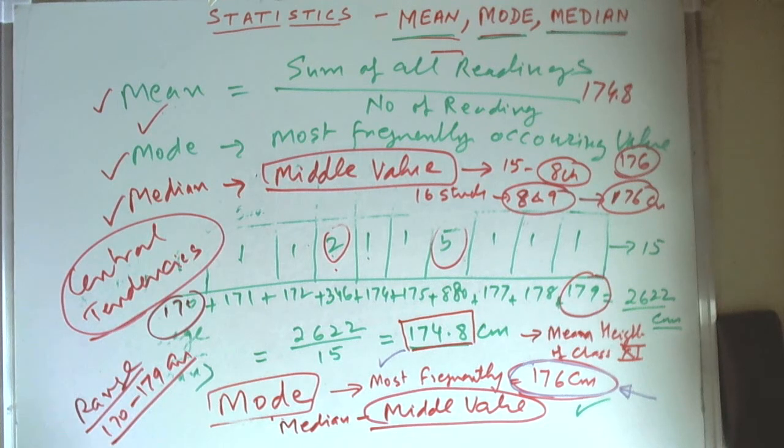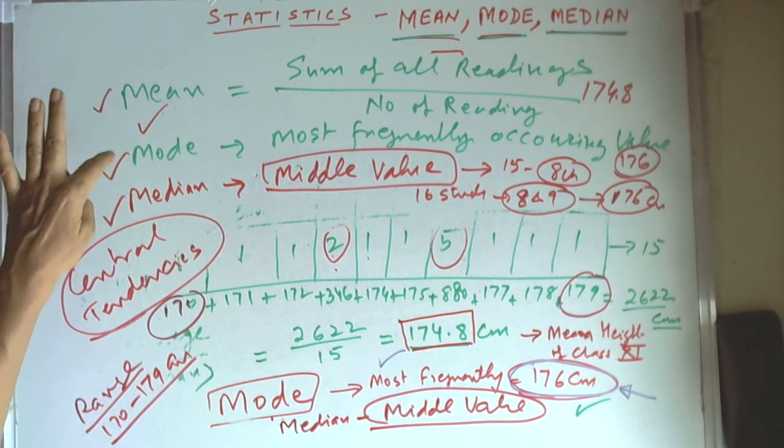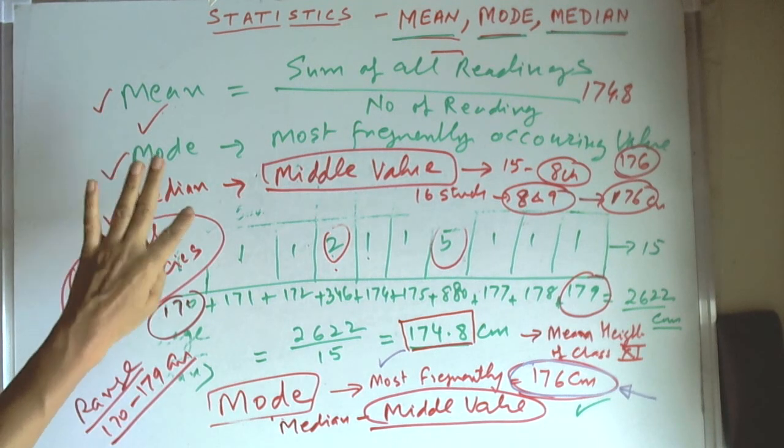But if the distribution is not uniform, I mean we have many tall students but very few small students, then the distribution is called skewed, and in the skewed distribution we have to see whether mean is more appropriate or mode is more appropriate or median is more appropriate.